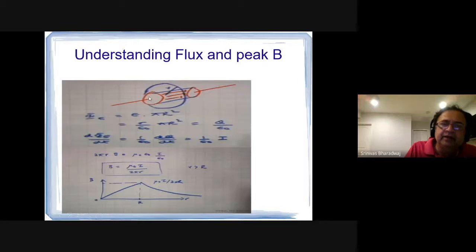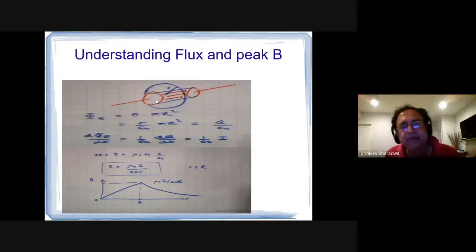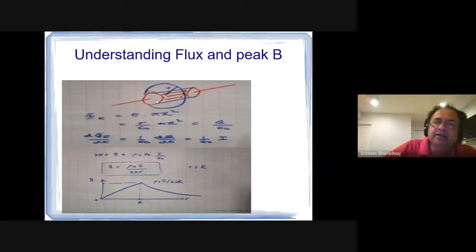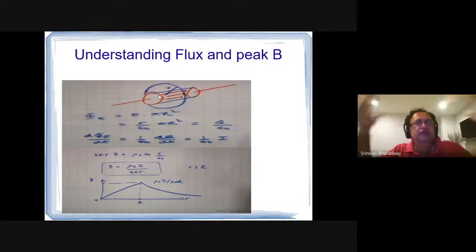Then as you build these circles, the closed integral B dot dl equals mu naught I, where I is the enclosed current. So the enclosed current is less inside from 0 to r, and after r there's just space, right?